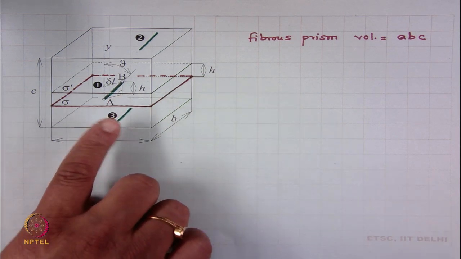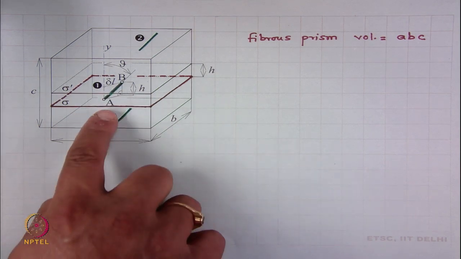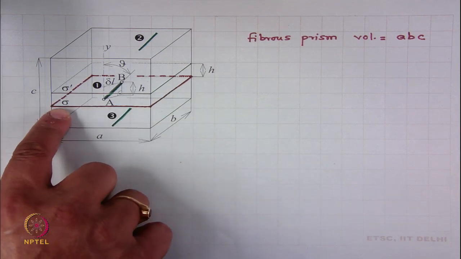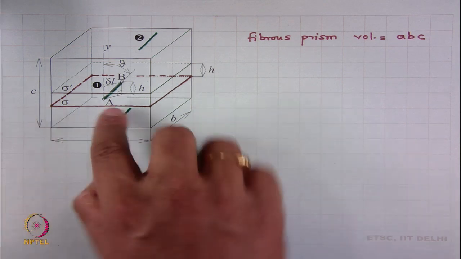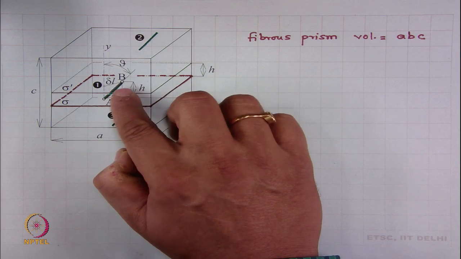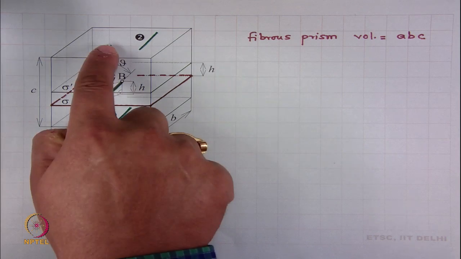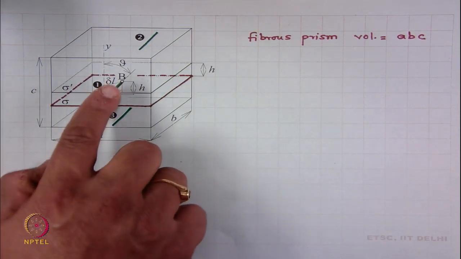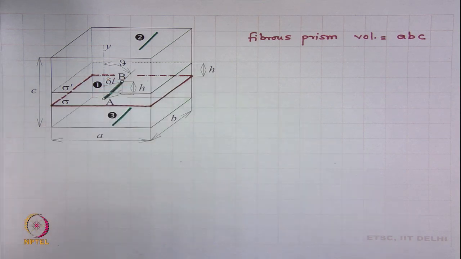It has two ends, one is the lower end A, another is the upper end B. The lower end A is lying on the sectional plane sigma, right, and this fiber segment has an inclination theta from the normal to the sectional plane. So, theta is here a non oriented angle, it can lie from 0 to pi by 2.